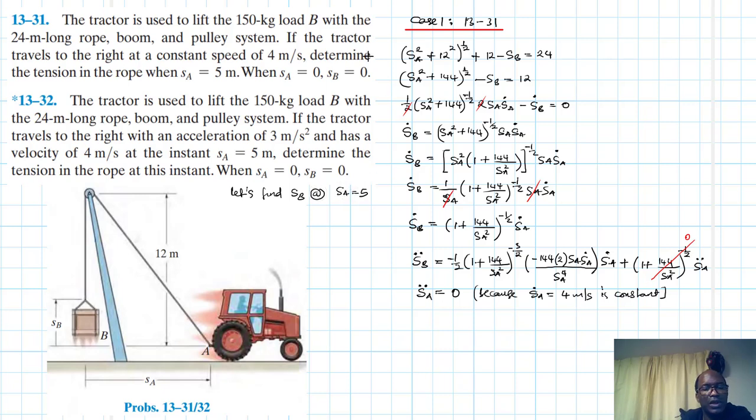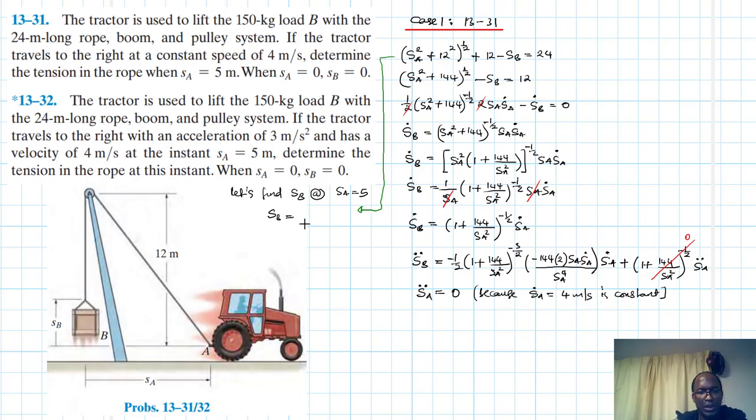So using this equation, our SB therefore is just going to be equal to, let's calculate it. What is our SA? 5. So we are saying 5 squared plus 12 squared, square root of that, then plus 13, and then minus 24.